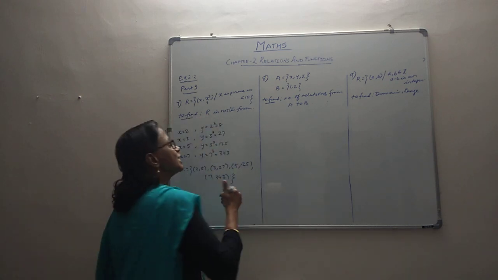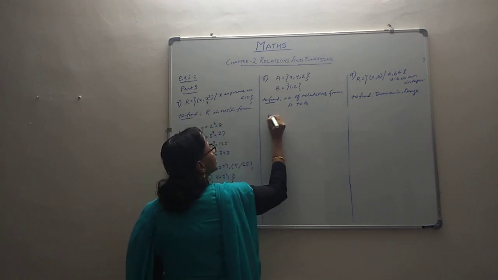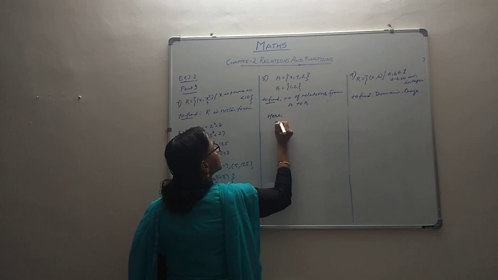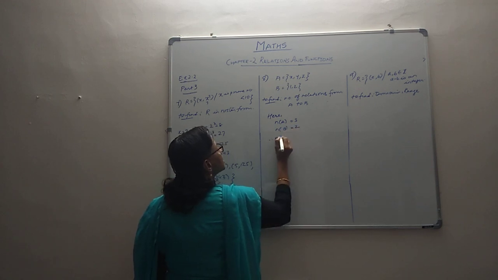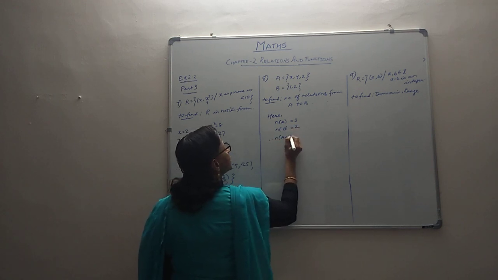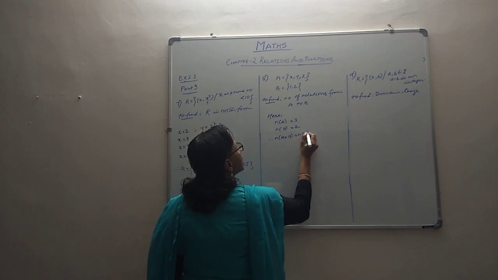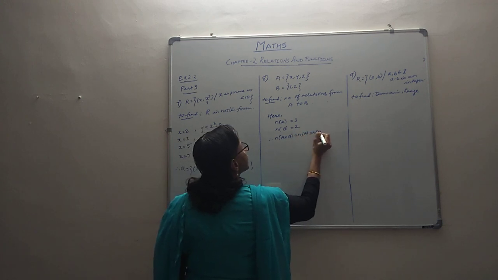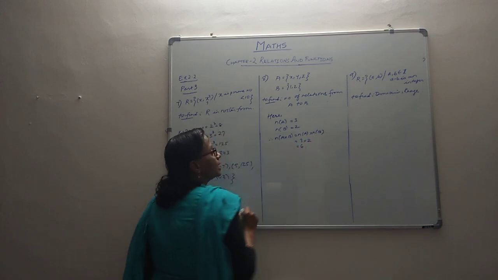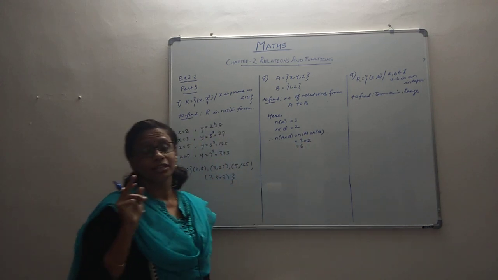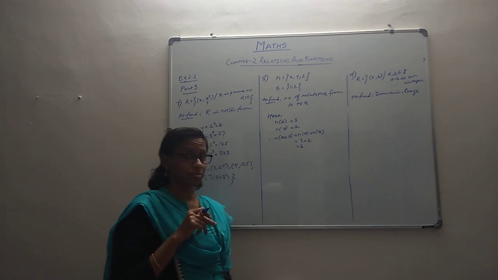Gradually we will write. So here the number of elements in A is 3, number of elements in B is 2. Therefore the number of elements in the Cartesian product, we have learnt, is n(A) into n(B). That way it will come to 3 into 2, 6. Now the relations are subsets of the Cartesian product.